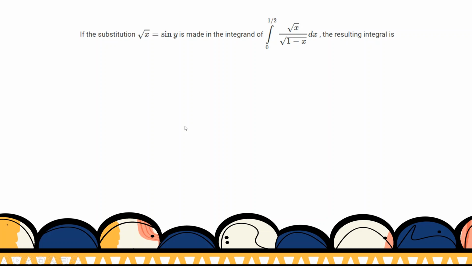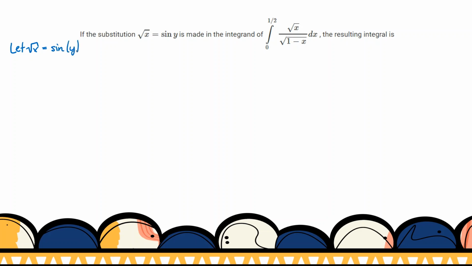The first question says, if the substitution square root of x equals sine y is made in this integrand, the resulting integral will be. So we're going to let the square root of x equal sine of y.